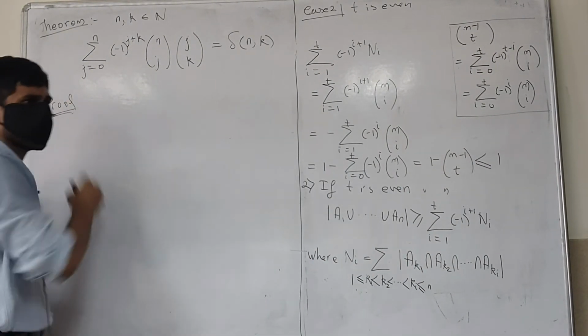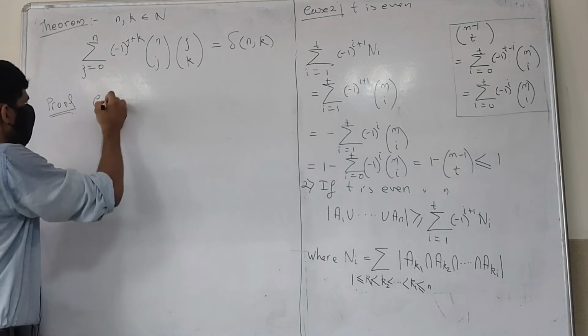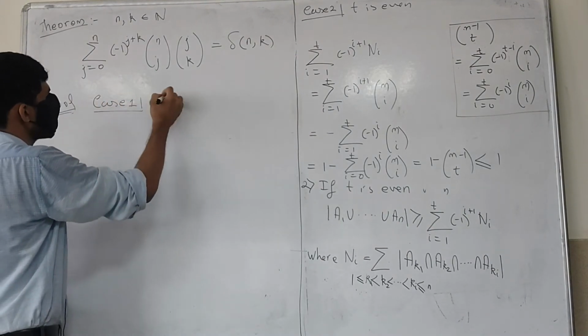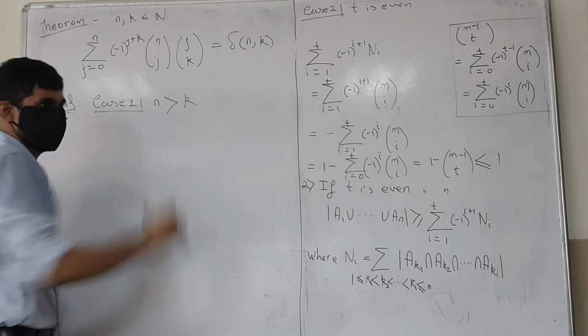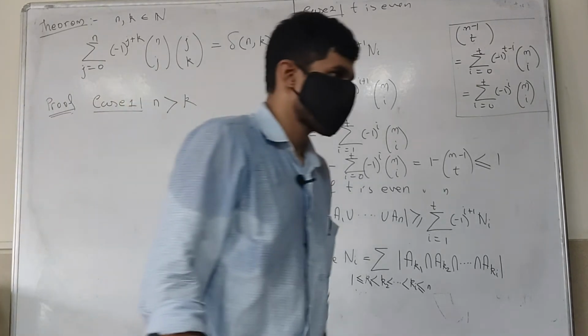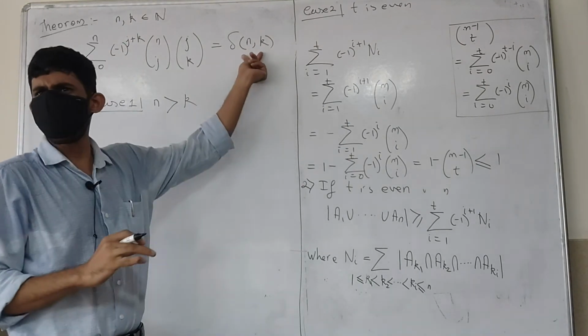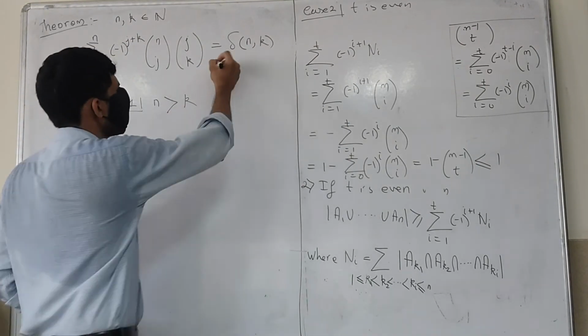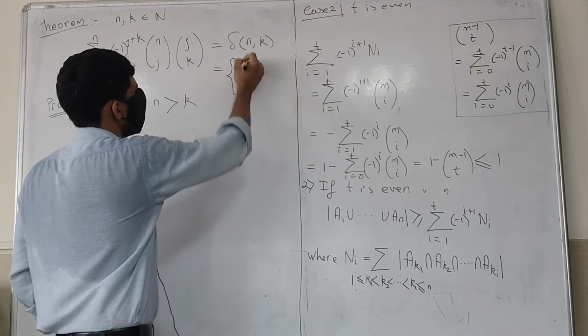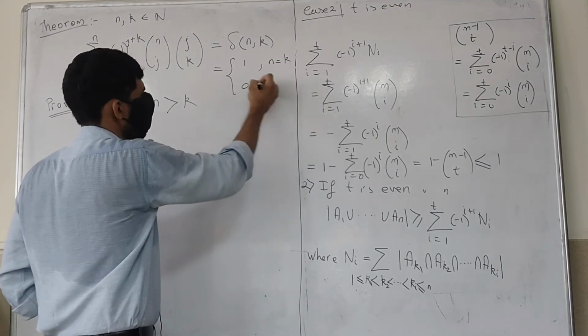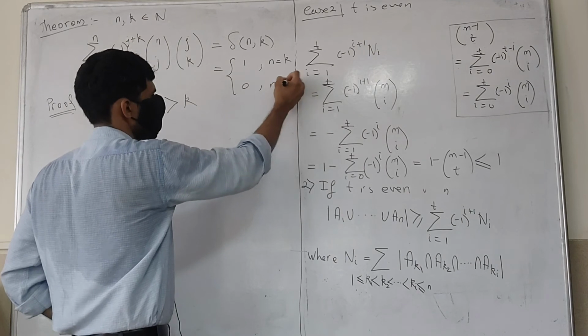One is when your n is greater than k. What happens? So, okay, I hope everyone knows what this is. This is nothing but 1 when n is equal to k and 0 when n is not equal to k.